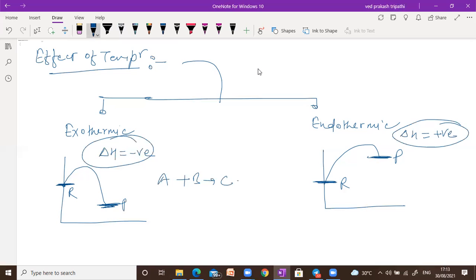For an endothermic reaction, heat is always written on the reactant side, meaning heat plus A plus B gives C. So for endothermic, heat is written on the side of the reactant, and for exothermic, heat is written on the side of the product. Any doubt?